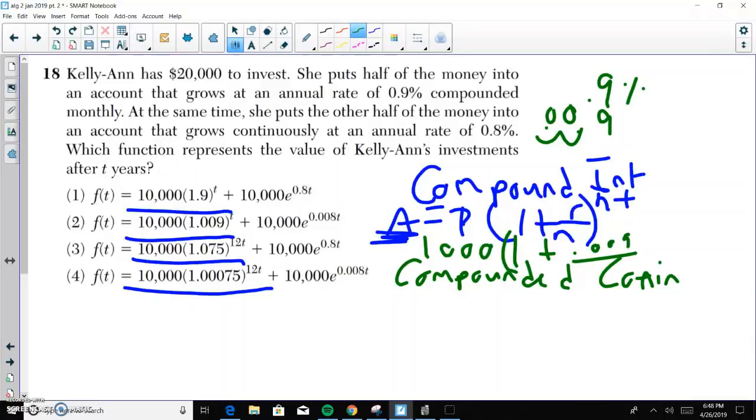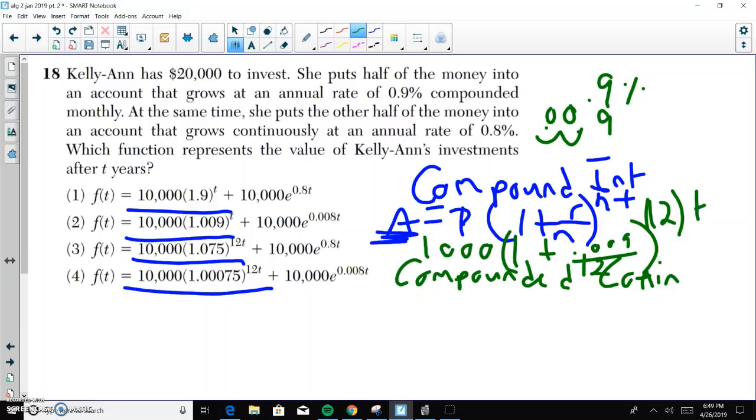And the n is how many times per year it's compounded. So each month, so that's 12 times per year. And then n is the number of times again per year, 12 times, and then we don't know how many years, so that's t.